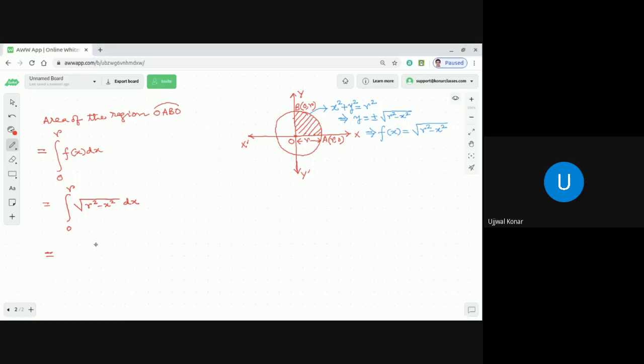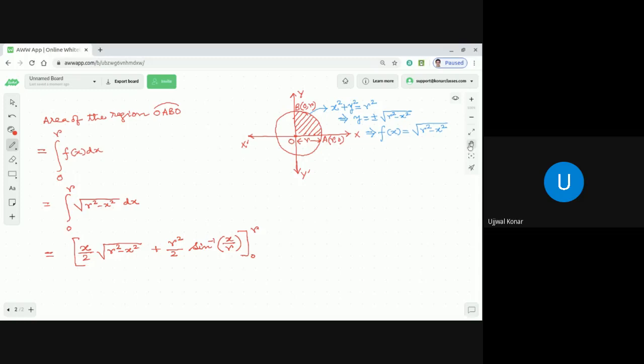It is x by 2 into square root of r square minus x square plus r square by 2 into sine inverse x by r, correct? All of you agree with me?